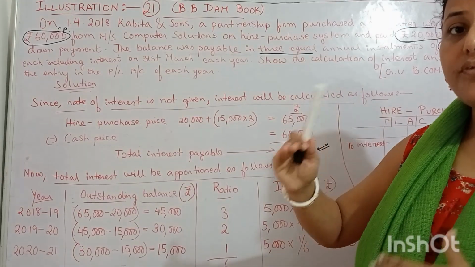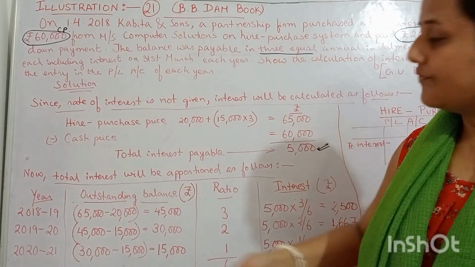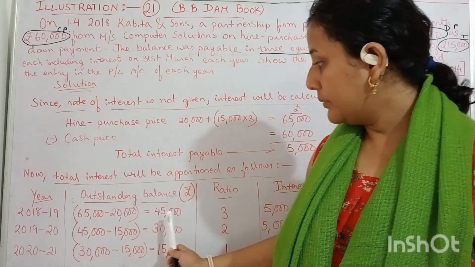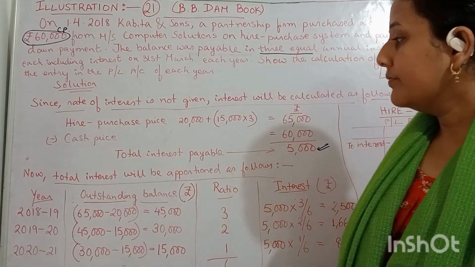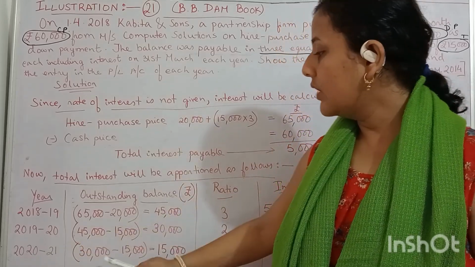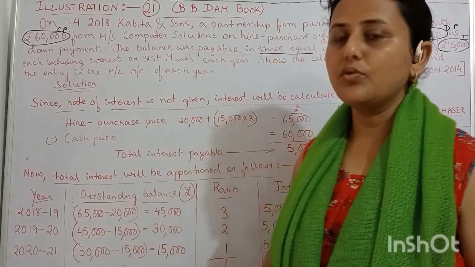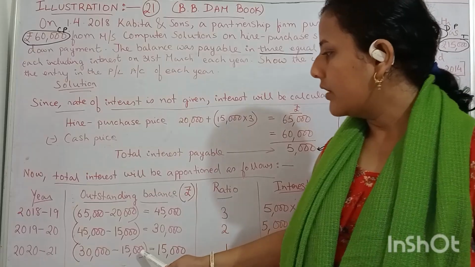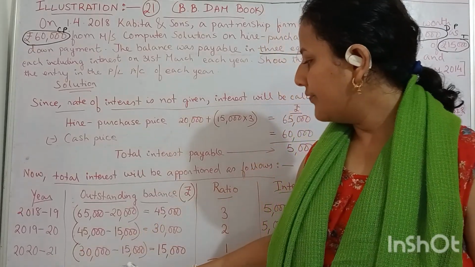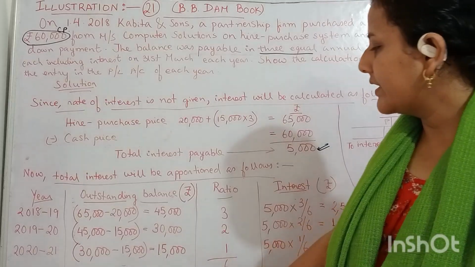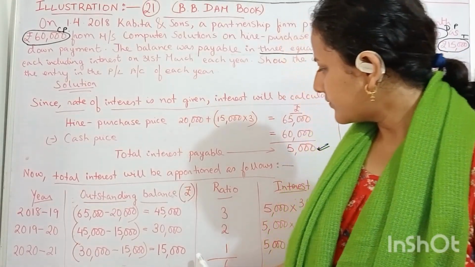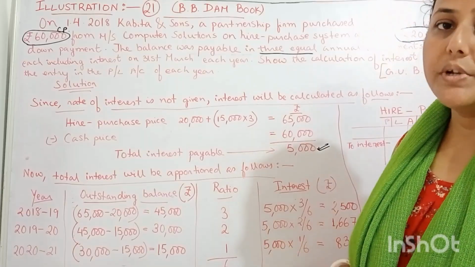The beginning of the year is to be taken for deduction. In the next year, from 30,000 again 15,000 was deducted at the beginning of the year. What is left over is 15,000, and then a ratio will be taken out.